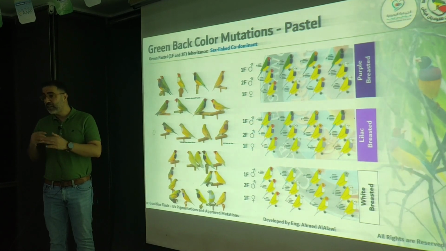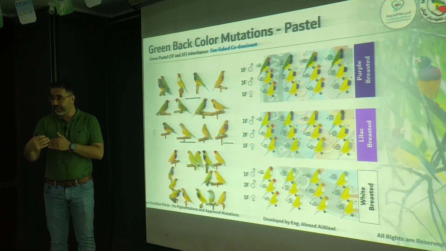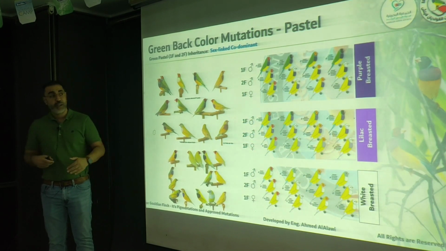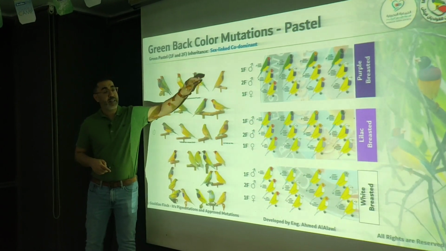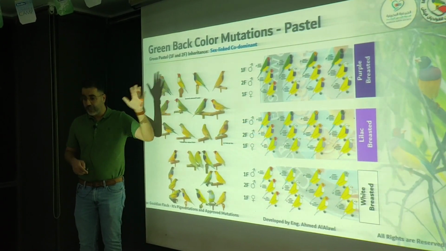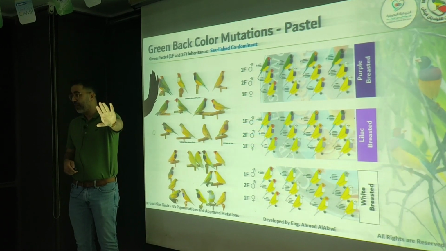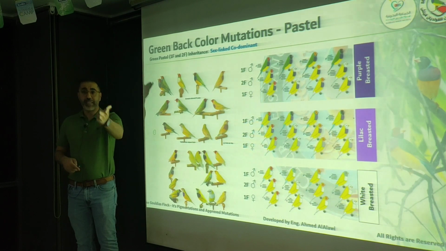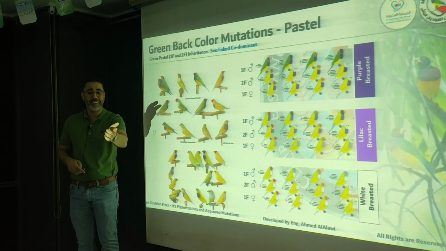It works stronger than sex-linked recessive, a little bit weaker than sex-linked dominant. So even if you have a father who's pastel, his daughters will be pastel, but at least one of his sons also. The second son will be split.